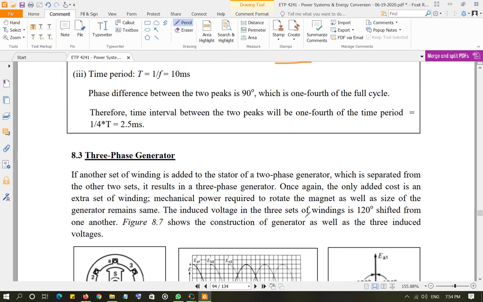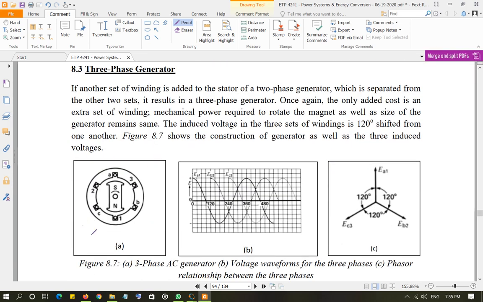Now, three-phase generators. Observe the same arrangement. The only difference is now you are introducing a third set of windings, and electrically each set is going to be 120 degrees apart from each other, as I mentioned at the beginning.